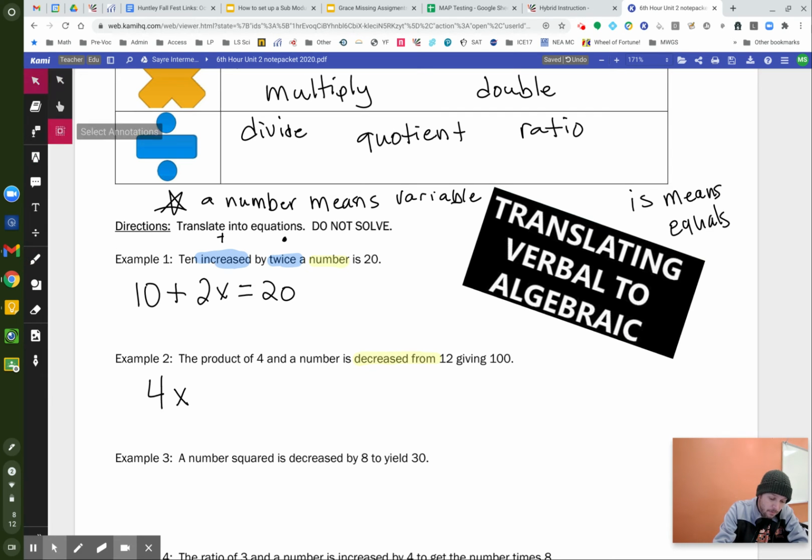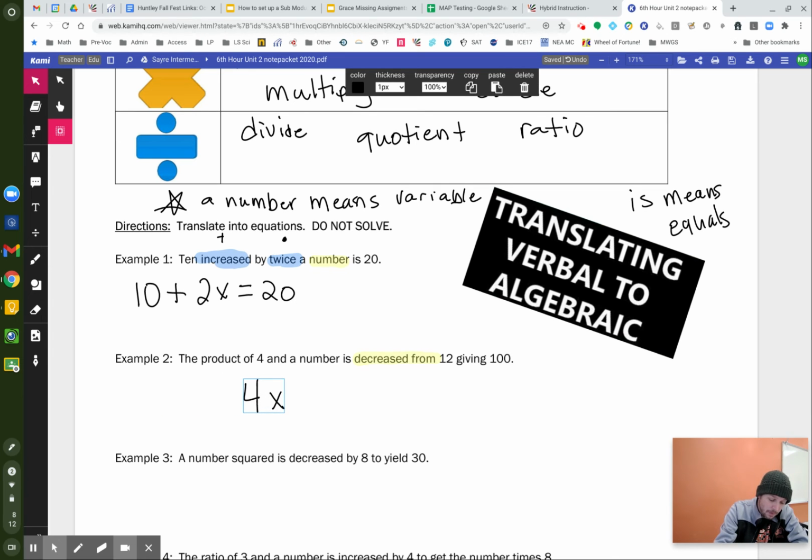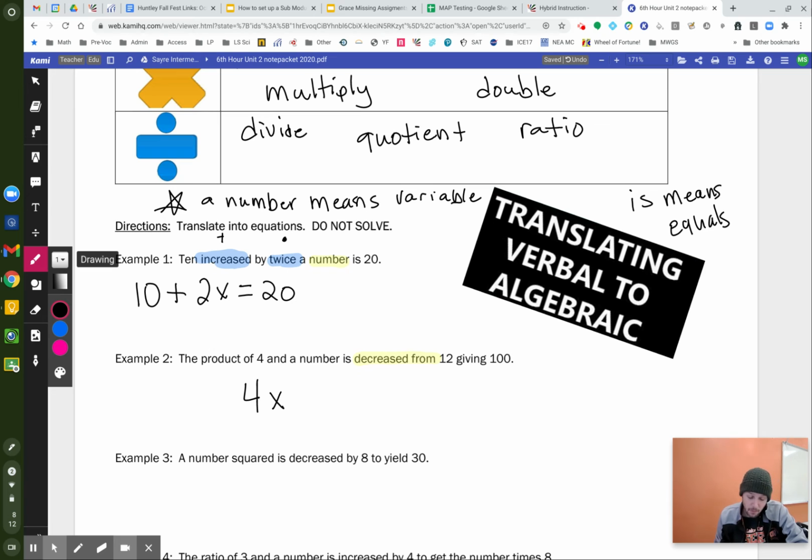So I'm going to move this guy over. This is why I should have read the whole problem before I started doing that. So the product of 4 and a number is decreased from 12. So that would be 12 minus, because it's decreased from. So you take it away from that first thing. Giving, which is the same as equals, 10.